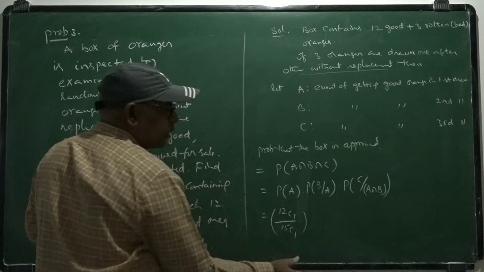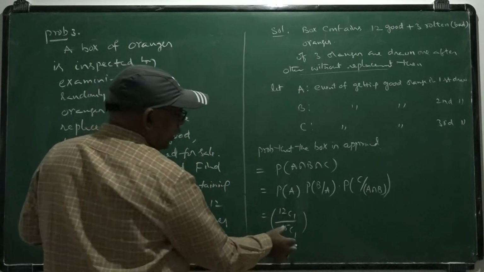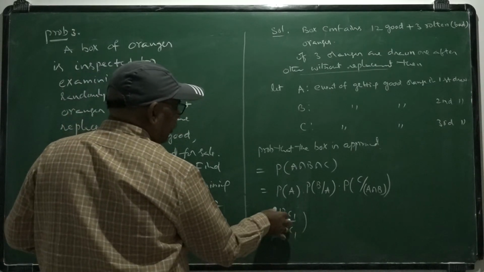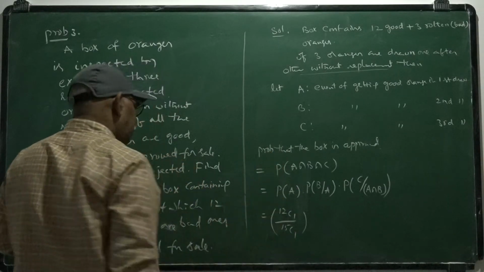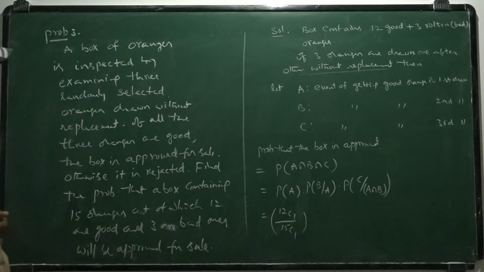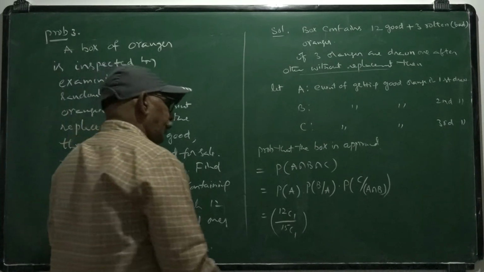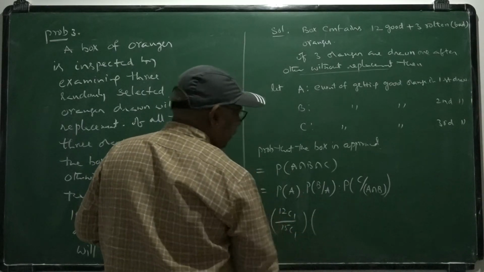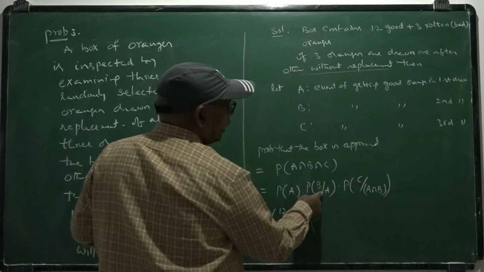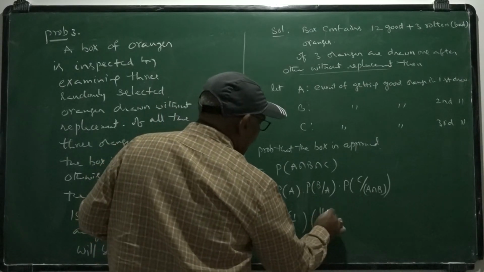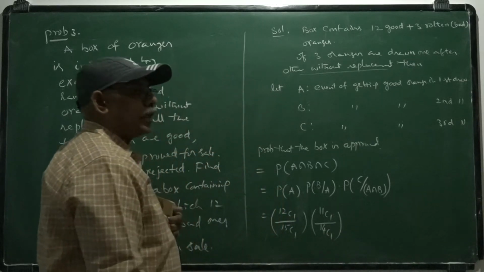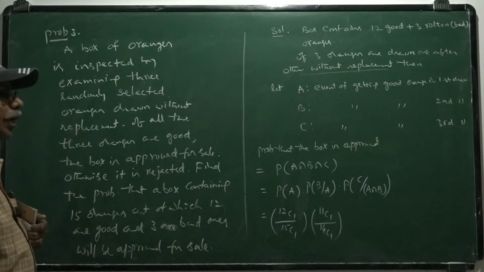The total number of oranges initially is 15; out of 15, 1 can be selected in 15C1 ways, and out of 15, 12 are good. After this, getting another good orange is 11C1 by 14C1, since the number of oranges is reduced by 1 and a good orange is taken out.